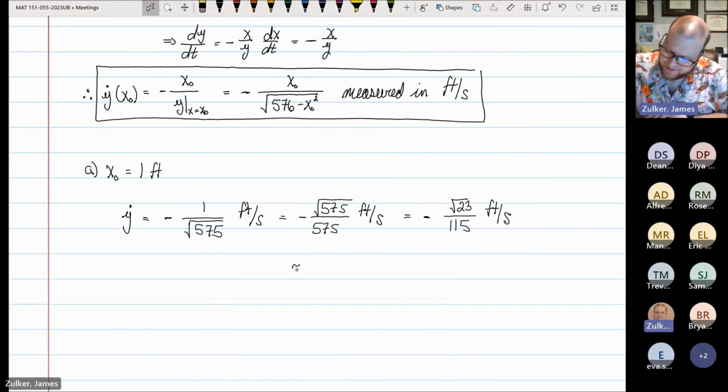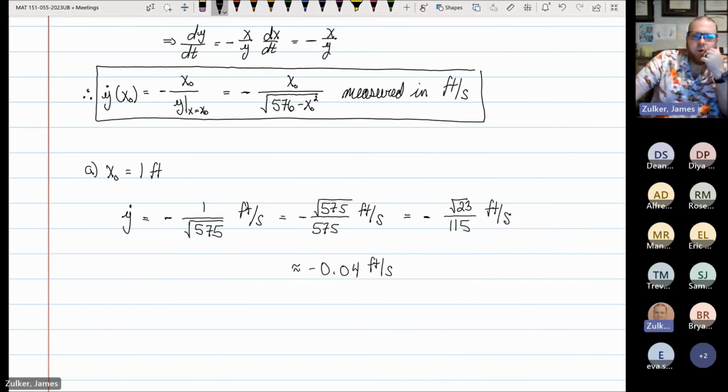And then just for perspective, it's about negative 0.04 feet per second.